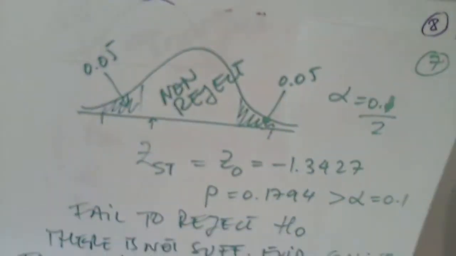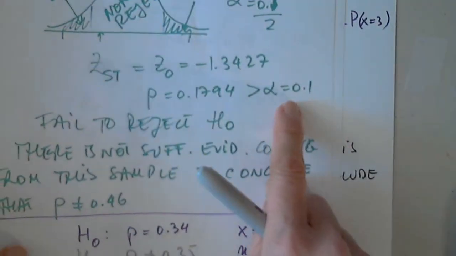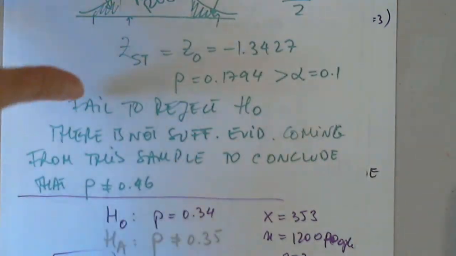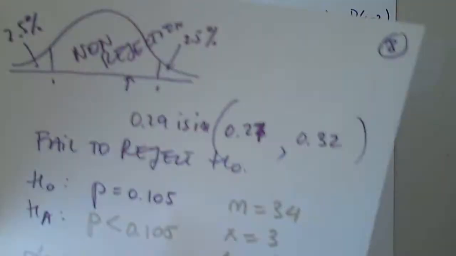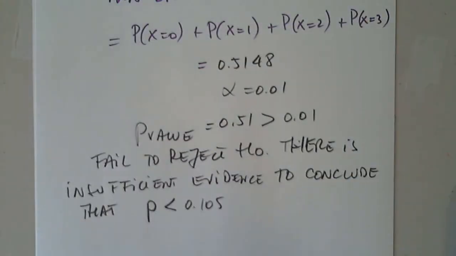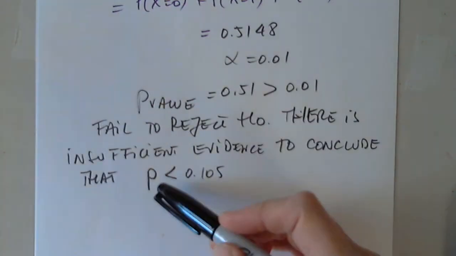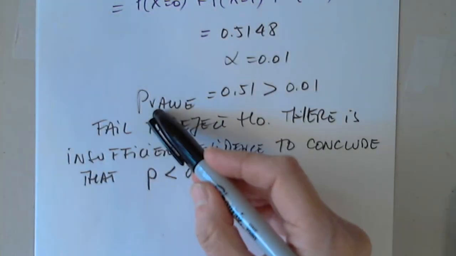So let's go here. P-value greater than alpha, fail to reject. Every time the p-value is greater than alpha, we cannot reject the null hypothesis. Do not confuse this with this.